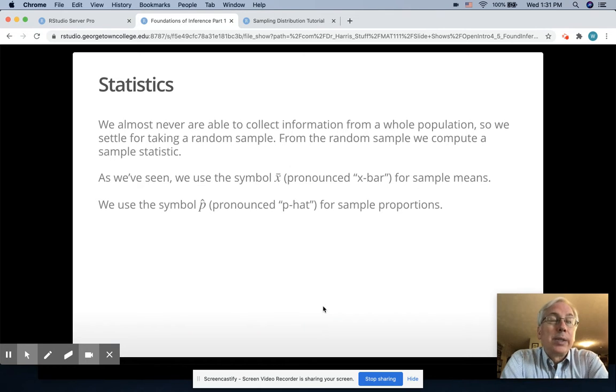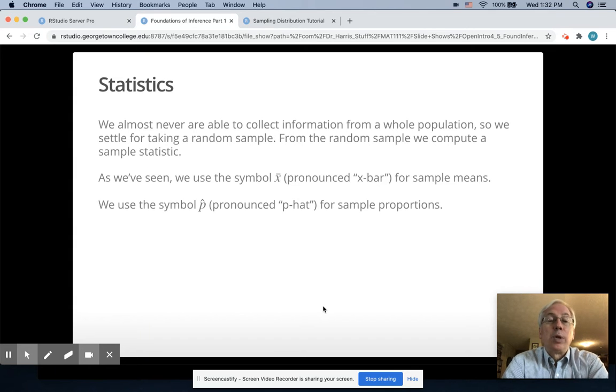This is something else I believe I've mentioned already. The reason why we look at statistics rather than try to figure out what the exact value of a parameter is, is that it's too costly to actually gather information from all individuals in the population. It's too time costly, too money costly, maybe both, but it's too much work to get the information from the entire population.